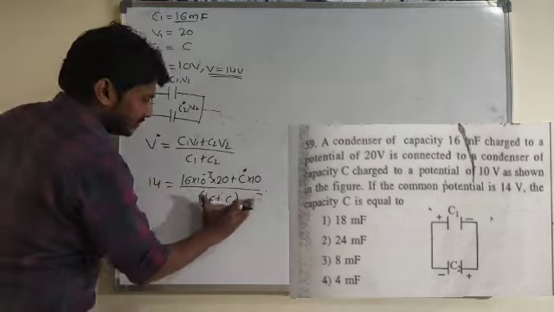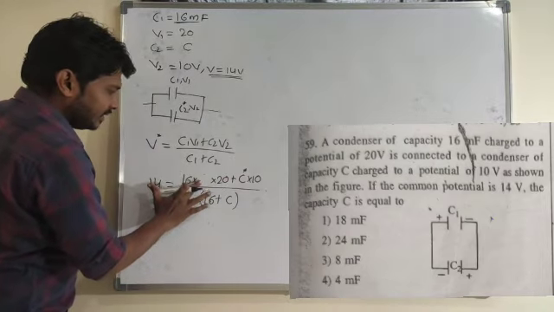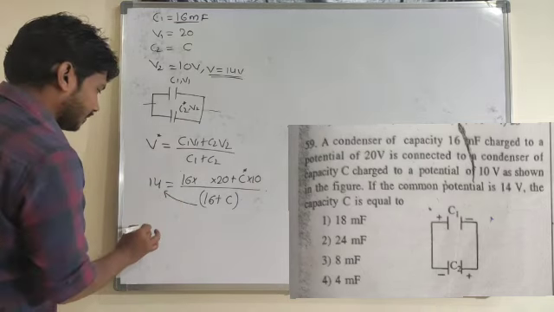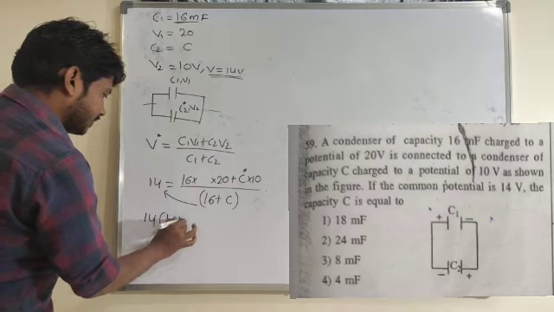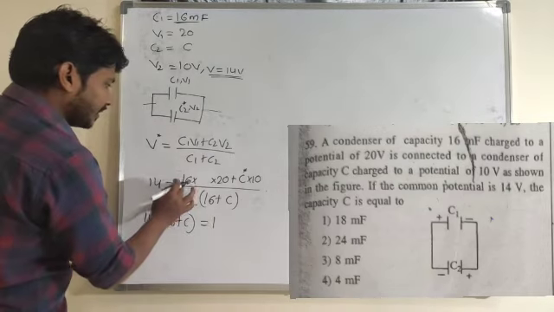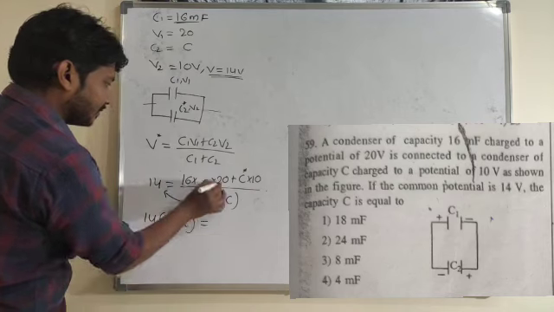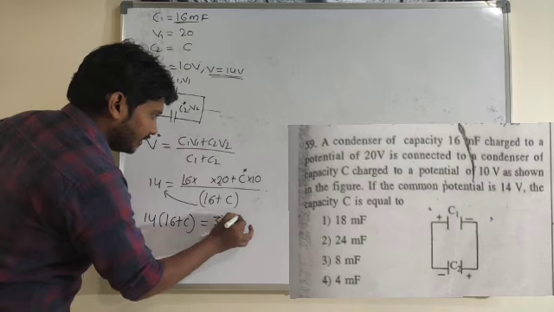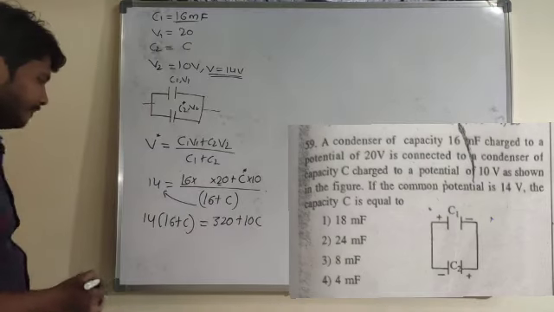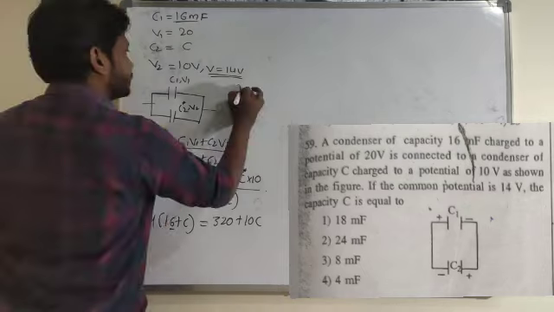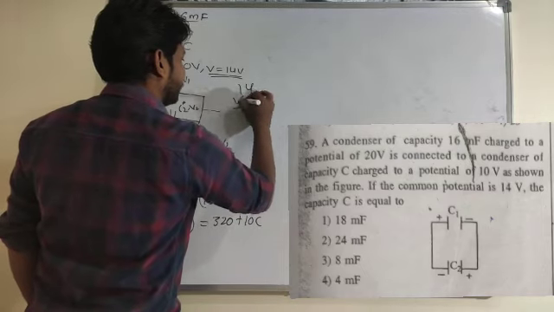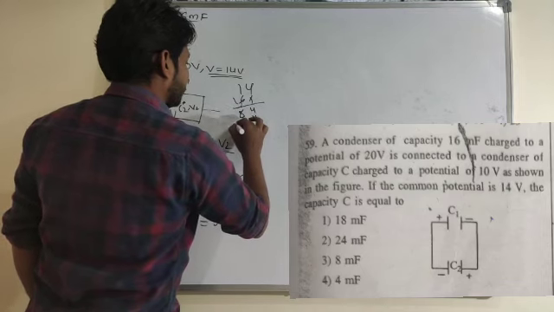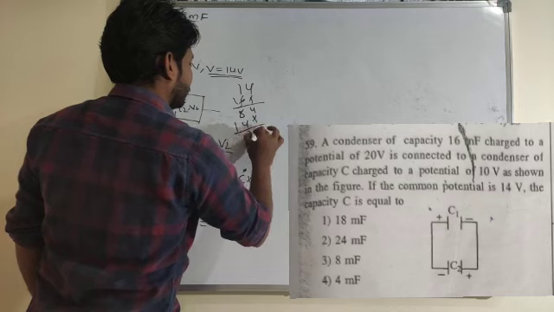Capacitance is in millifarad only, so no need to convert it here. Let me simplify this equation. 14 into 16 plus C is equal to 16 into 20, which is 320, plus 10C. 14 into 16 is 224.